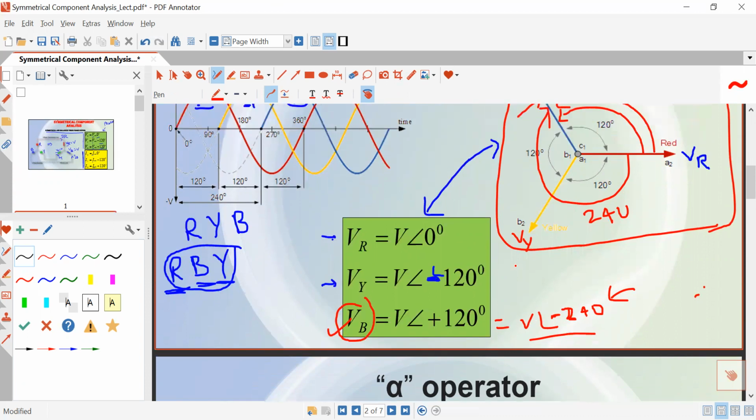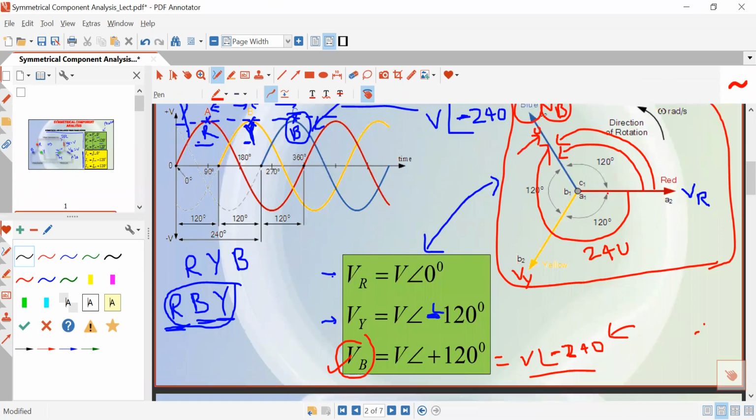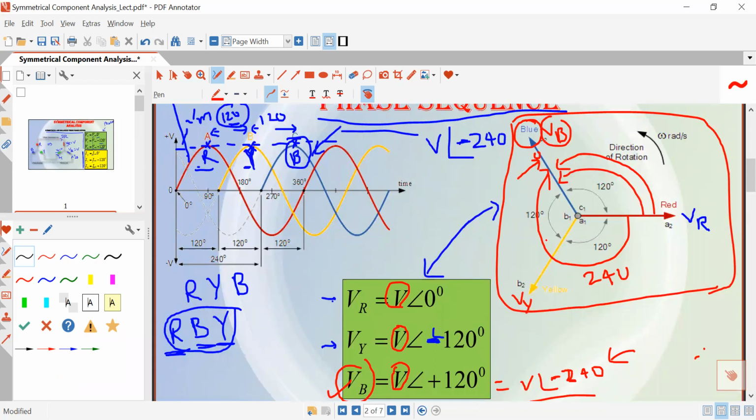That is the first point. And the second point is the length of the vector. The length of the vector represents the magnitude of the phase voltage. And you can see here the magnitudes of the phase voltages are equal, so the length of the vectors shown in this phasor diagram will also be equal.